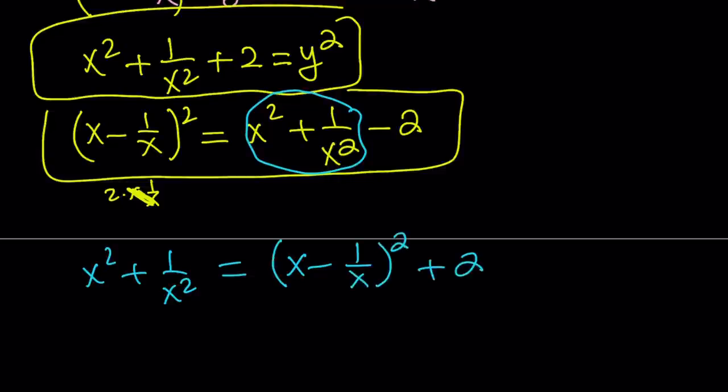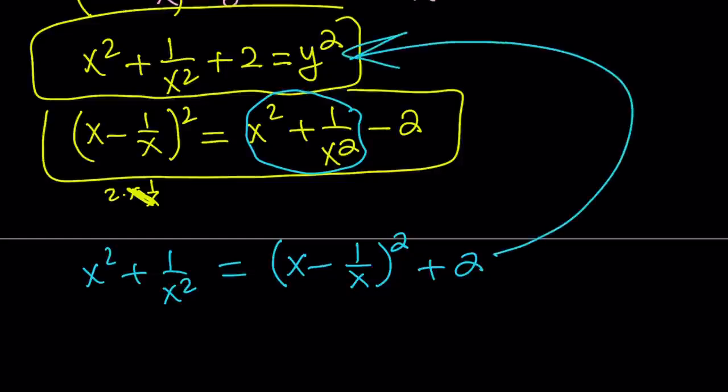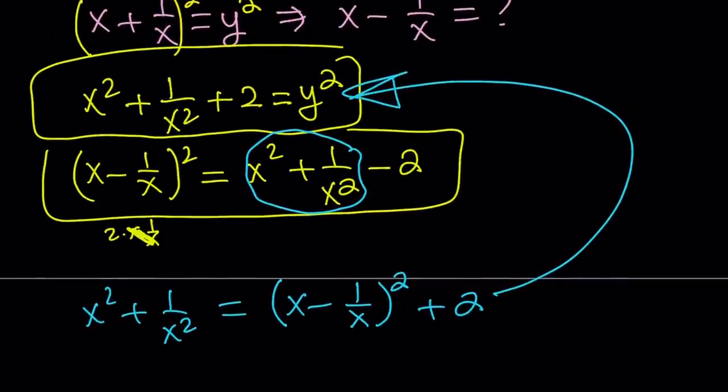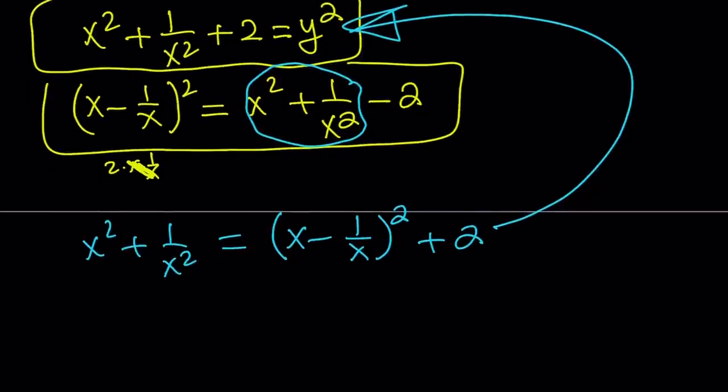Great. Now, this is something that I want to substitute here in my first equation. And if I do that, I'll be able to associate x plus 1 over x and x minus 1 over x. So x squared plus 1 over x squared can be written as x minus 1 over x quantity squared plus 2, right? So that basically replaces the 2 in the first one.